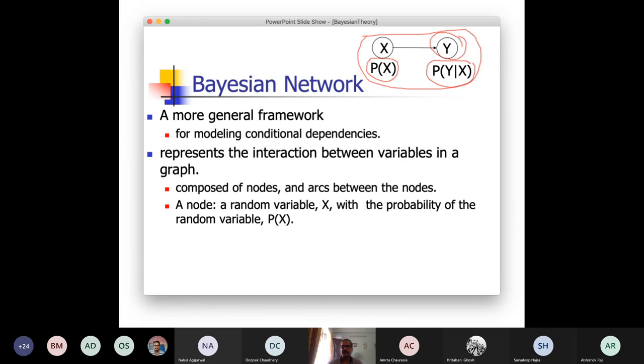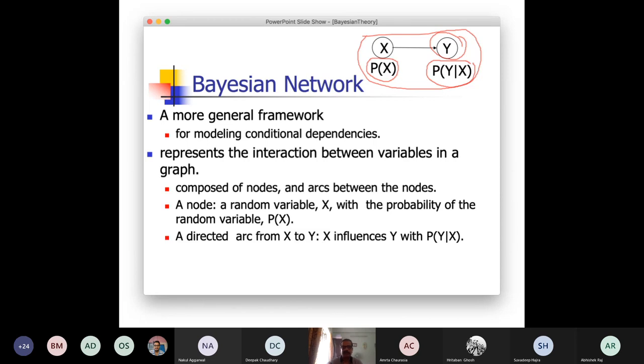Given probability of x and probability of y given x, I can compute the joint probability of x and y. That is why it is sufficient to represent it in this form. So let me proceed further.